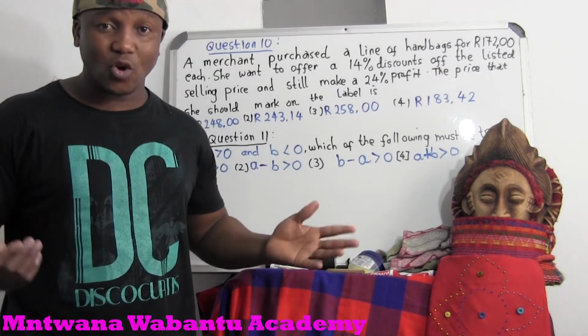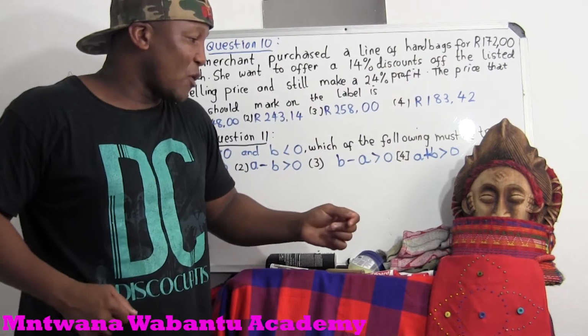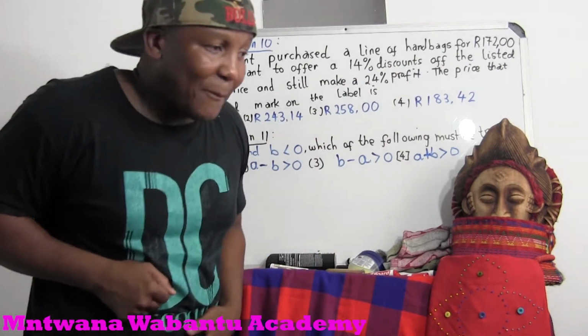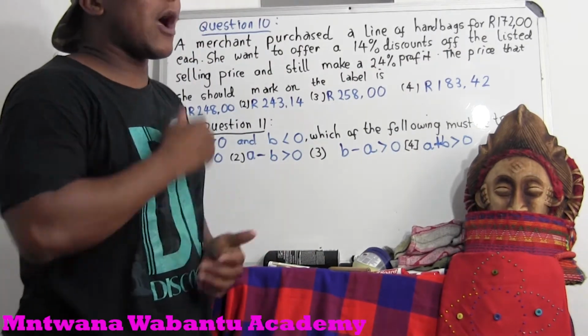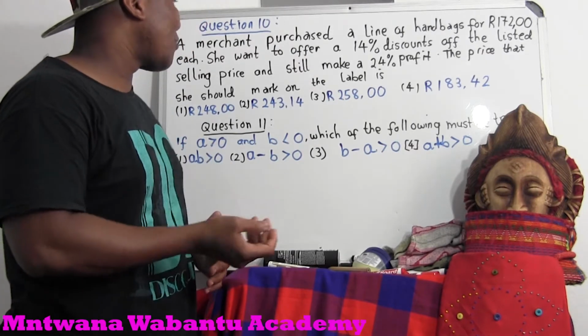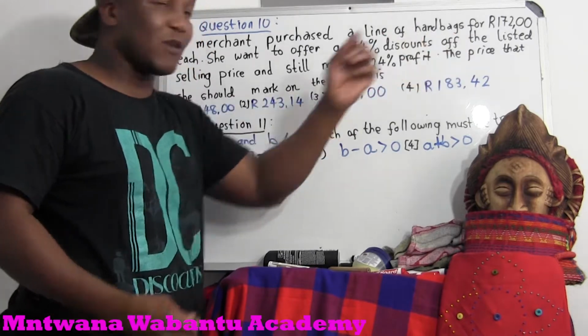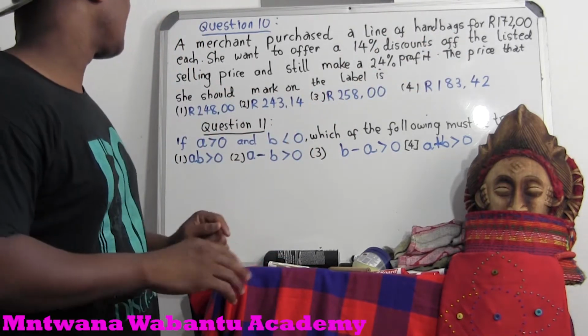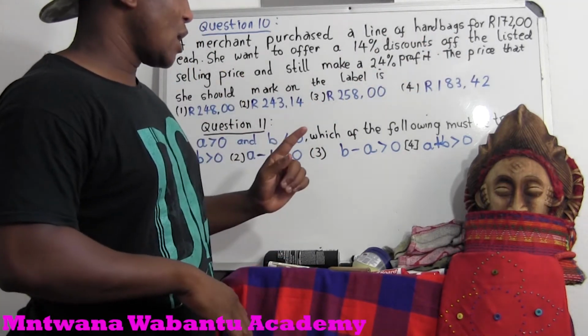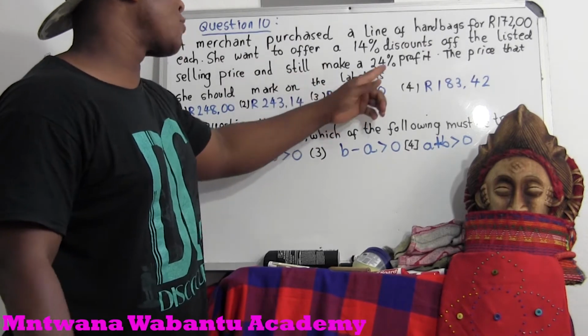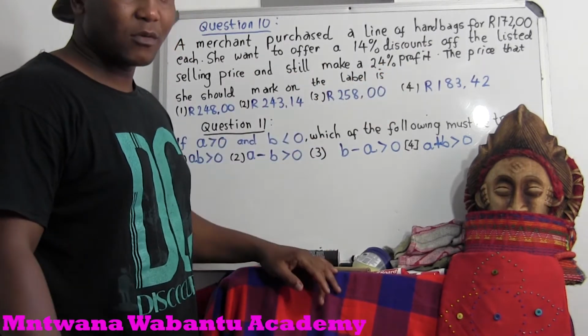We only know how much this person bought the handbag for. I don't know how much I'm going to sell it for, but whatever price I mention, I'm going to give a discount of 14% off. Also, I have to make a profit of 24%.